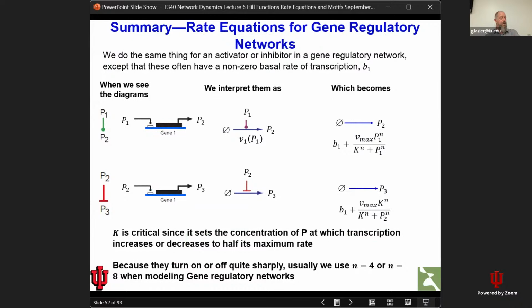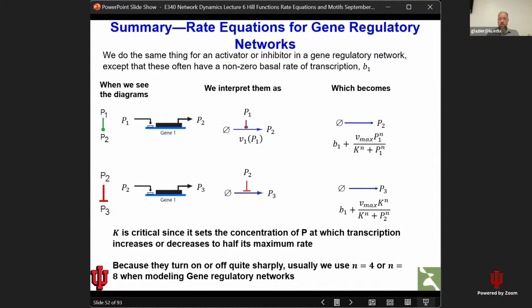Again, the key thing to remember is we see P1 going to P2, promoting P2. We write the rate B1 plus Vmax P1 to the n over K to the n plus P1 to the n. We see P2 inhibiting P3. We write the rate of production of P3 as B1 plus Vmax K to the n over K to the n plus P2 to the n.